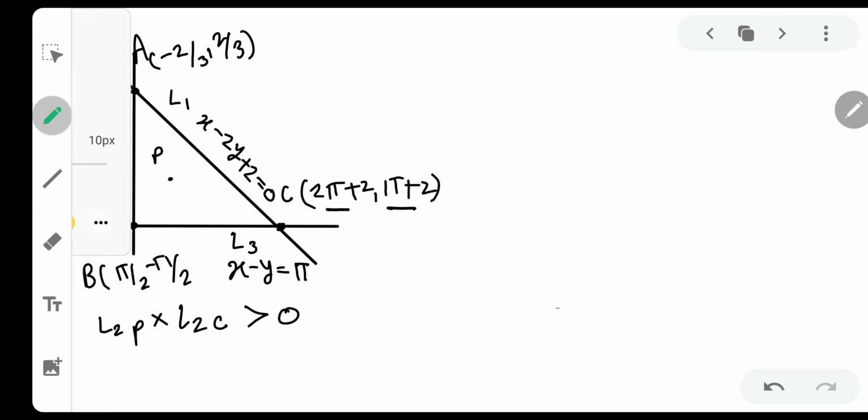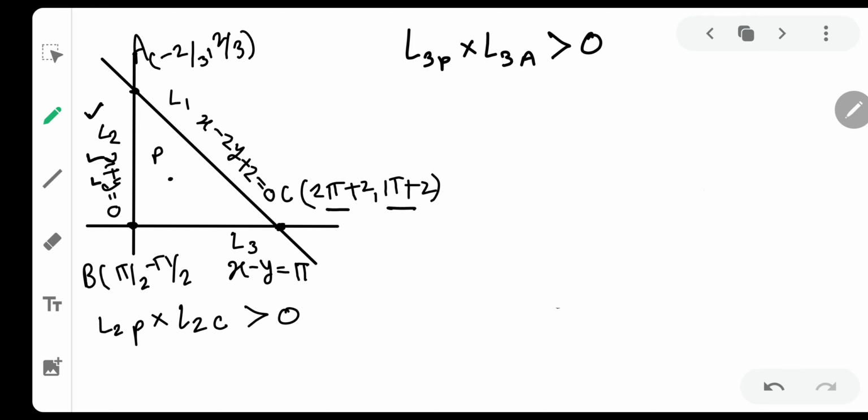Okay, now we will consider any other line. Let us consider line 3. If you consider line 3, then point P and point A are on the same side of the line. So L3(P) and L3(A) should be greater than 0, because P is above line 3 and A is also above line 3.